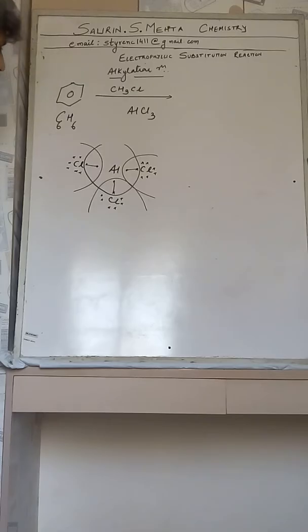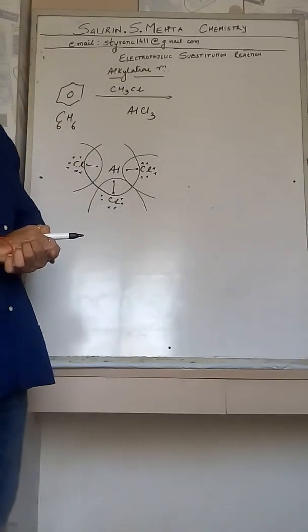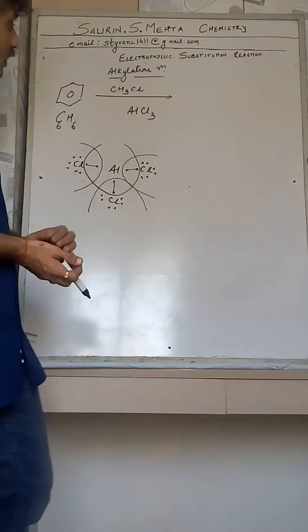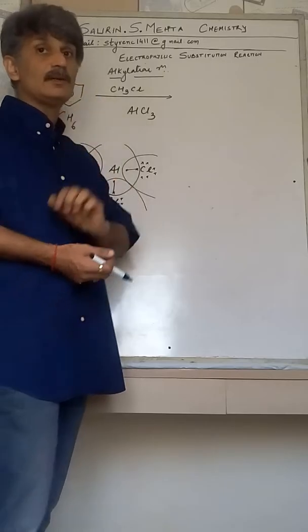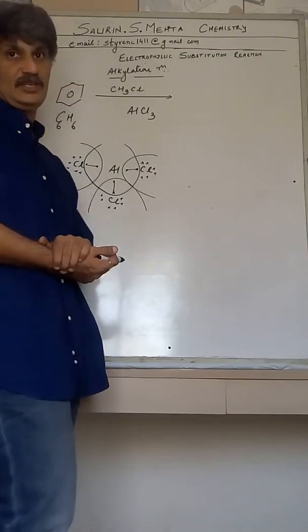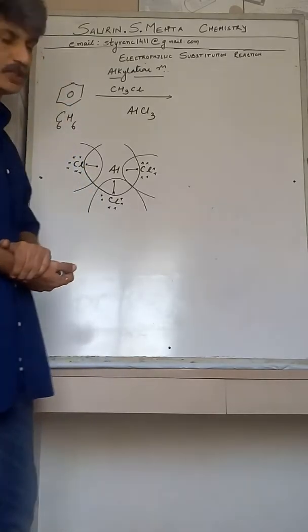But mind you, this is a salt which has got tendency to absorb moisture from the atmosphere. So I would say a technical word for the salt, that this salt is hygroscopic in nature. Hygroscopic, having tendency to absorb moisture.